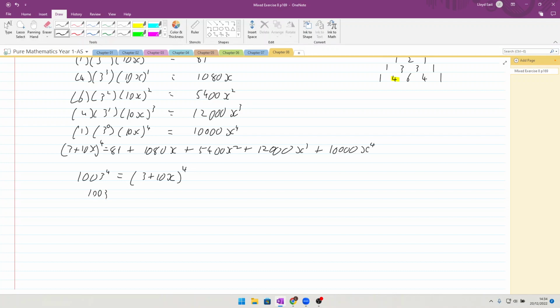We get 1003 is equal to 3 plus 10x, meaning 1000 is equal to 10x, and 100 is equal to x. Okay, so there's our value of x.